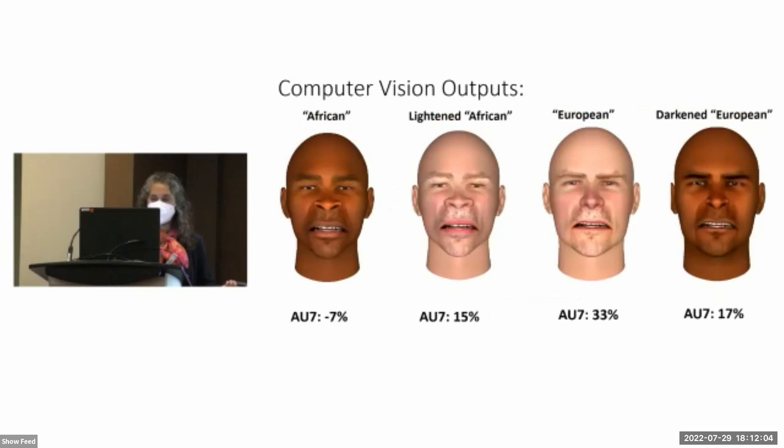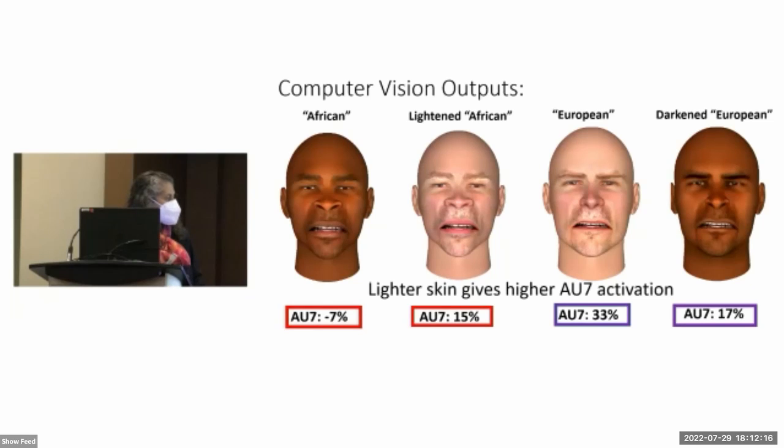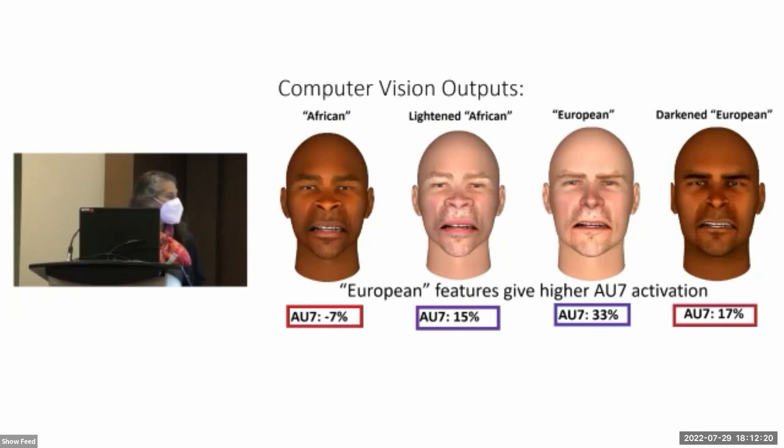So zooming in again, here's the African face at -7, the lightened African face at 15, the European face at 33, and the darkened European at 17. Again, the lighter skin color gave a higher AU7 activation, but here we're comparing this to this and this one to this one. We also see that the European features give higher AU7 activation.